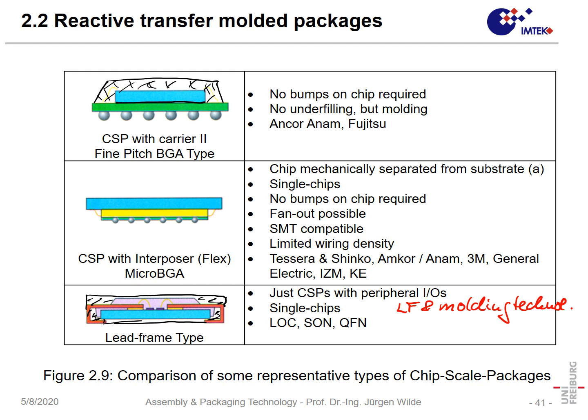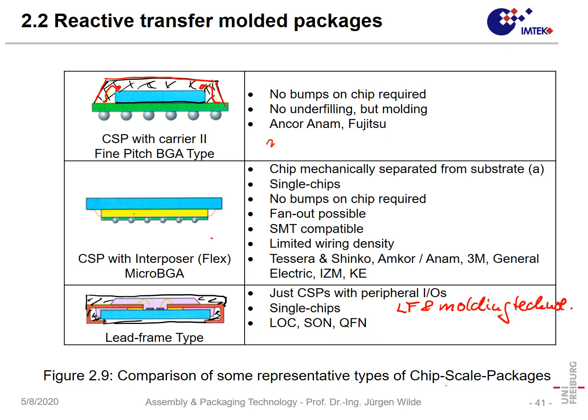Here it's quite different. We have a printed wiring board. Again, on the printed wiring board, we do the pick and place of the chip. We glue it. We wire bond it. And finally, we mold it. Again, many steps of the traditional technology are preserved.